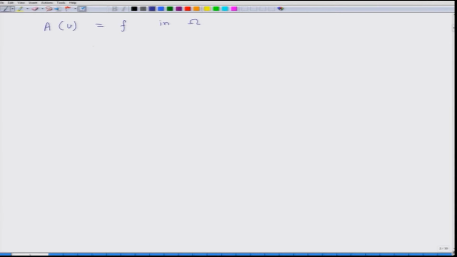So, one example of this operator could be A of u is equal to A times du over dx, and then I take the differential of it, plus Cu. This particular operator we have seen several times in our previous lectures.